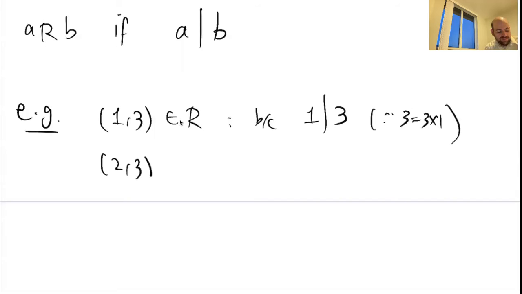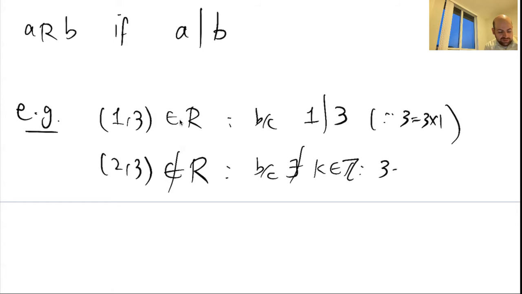What about 2 and 3? 2 and 3 does not belong to R because there is no number K such that 3 is equal to 2K. Because when can I say that 2 divides 3? If 3 could be written as 2 times some number K, then I can say that 2 divides 3. But 3 cannot be written as 2K for any integer K, because if 3 is 2K, K would be 3 over 2, which is not an integer.